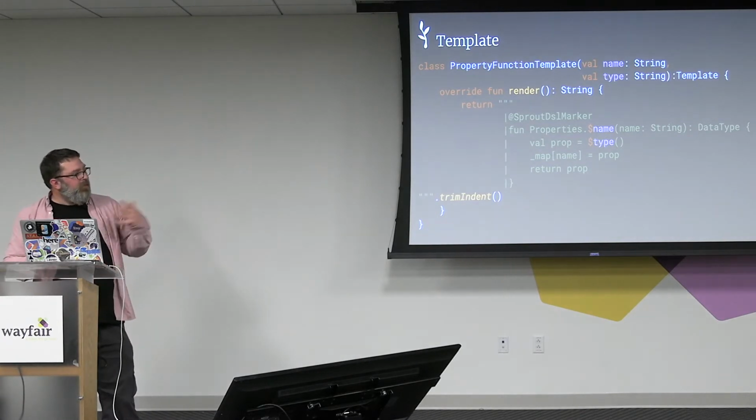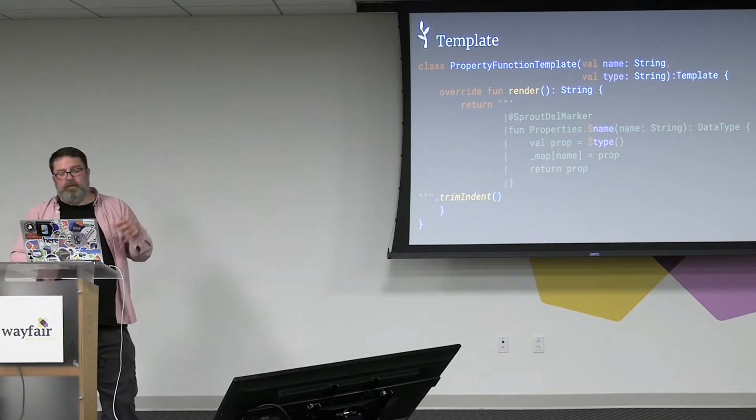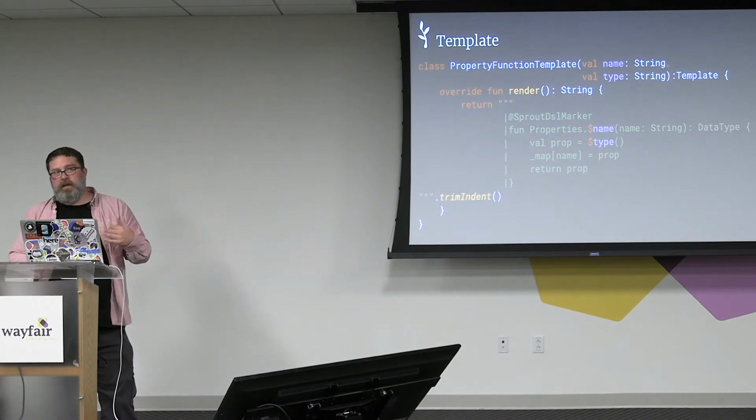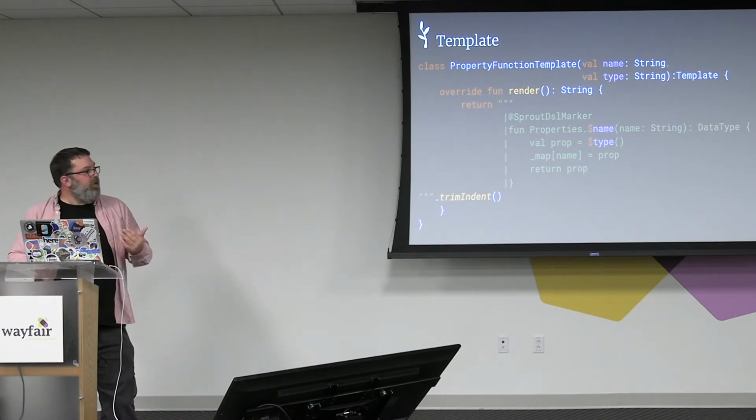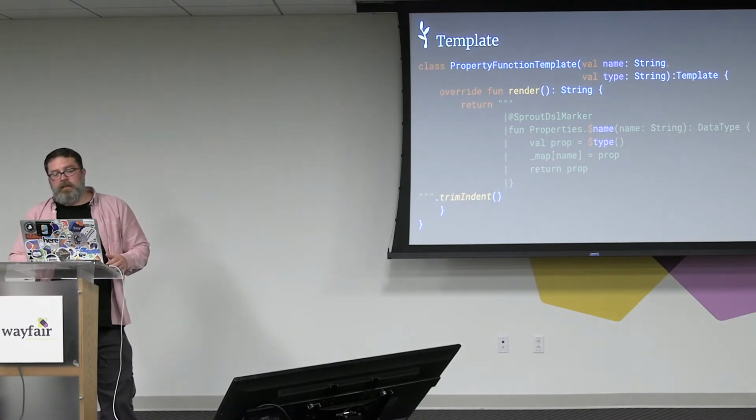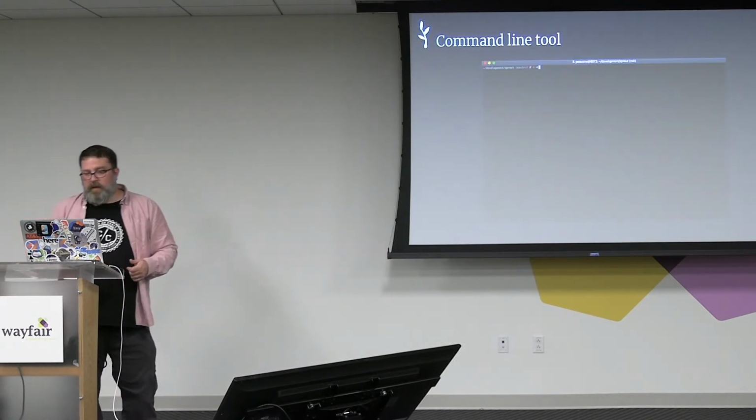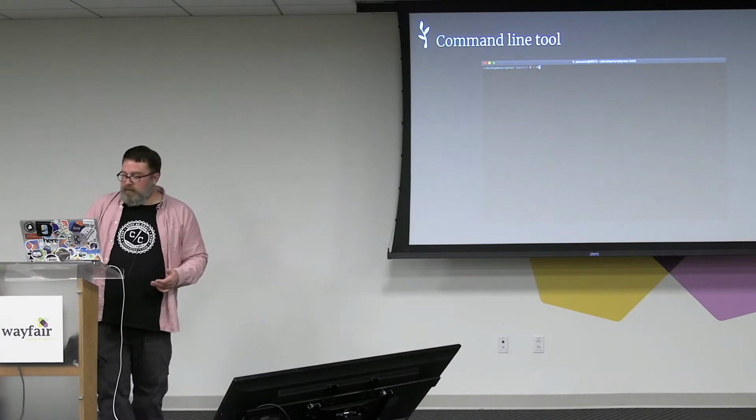When I first started building that, I looked into Handlebars and Mustache, and they worked, but I realized very quickly I didn't need them at all. Kotlin could just do all this itself. So it was great.